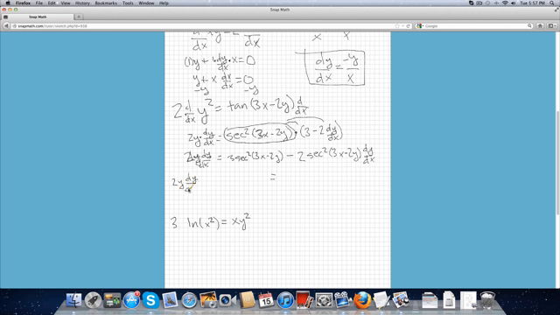I'm getting all the dy/dx's over to one side, plus 2 secant squared times 3x minus 2y dy/dx equals 3 secant squared times 3x minus 2y.